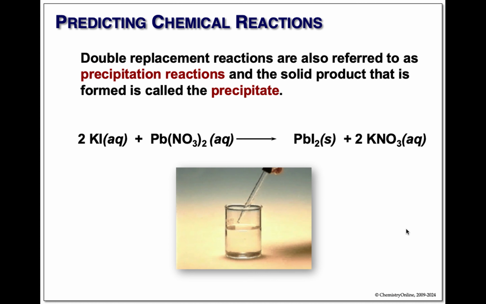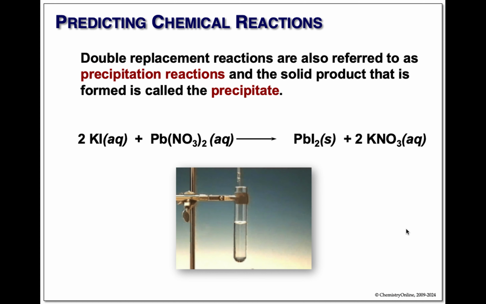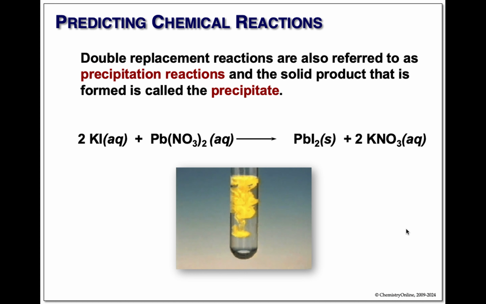We take a nice squirt of one of them, squirt it in the other. Instantly you see the formation of solid lead iodide. In lab, you would take this, put it in a centrifuge, spin it down, get a little lump of lead 2 iodide at the bottom. Any questions?